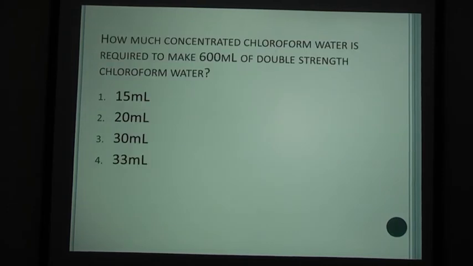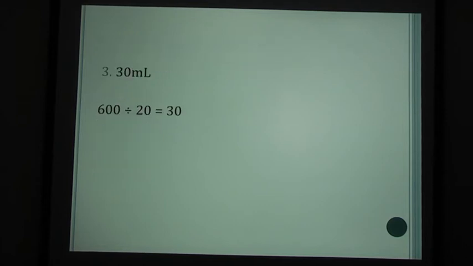Concentrated chloroform water is required to make 600 ml of double strength chloroform water. Remembering again, concentrated and double strength, the relationship is 1 in 20, so you do 600 divided by 20 and you get 30.